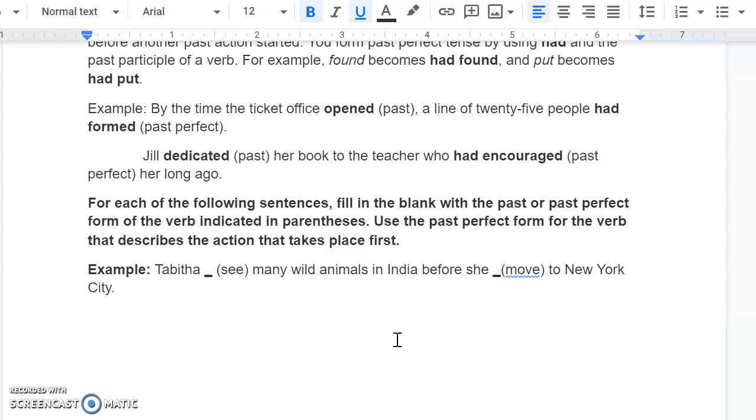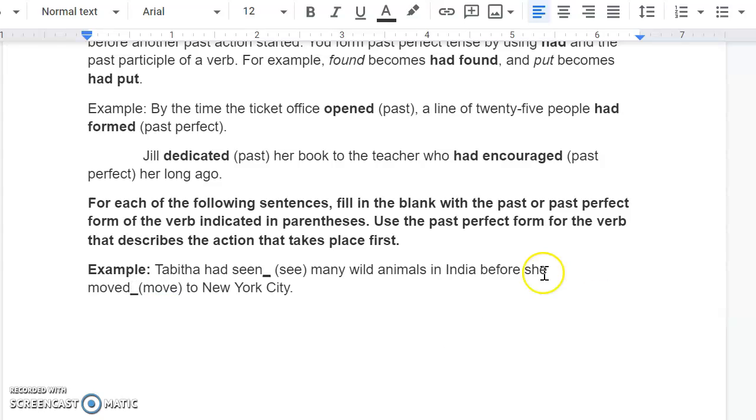Well, which one had taken place first? I think it's the thing where she had seen animals. So we're going to say Tabitha had seen many animals in India before she moved to New York. So the one that happened first, you use the word had in front, and that makes it past perfect tense.